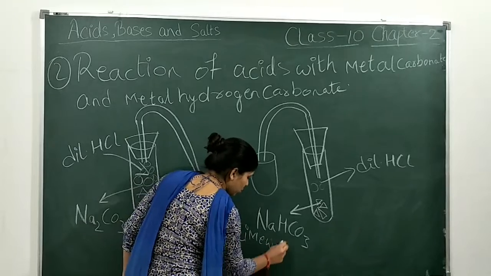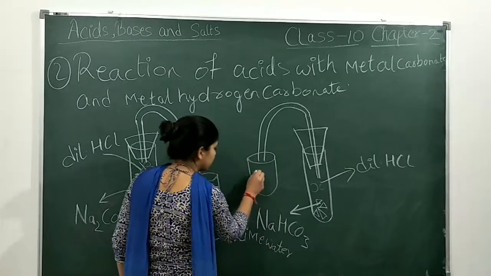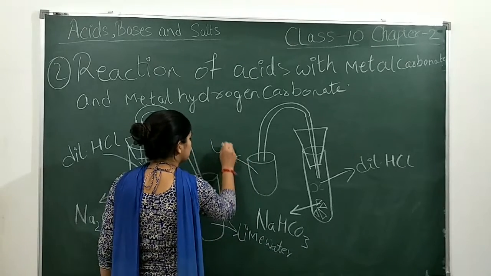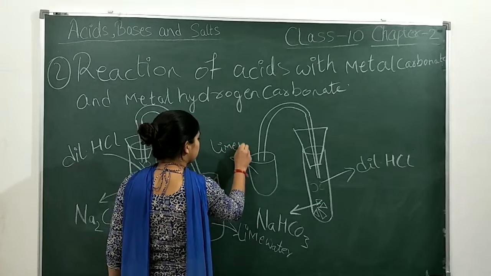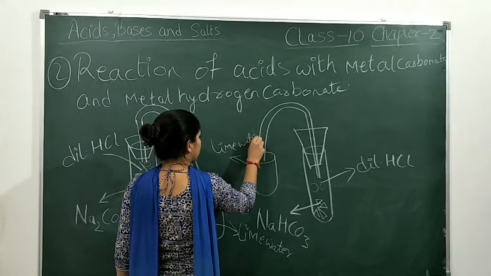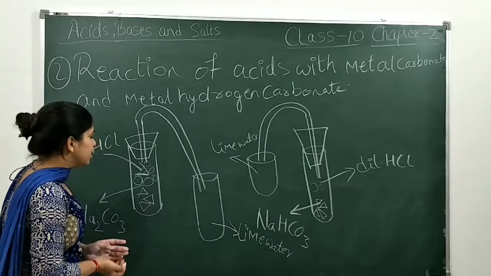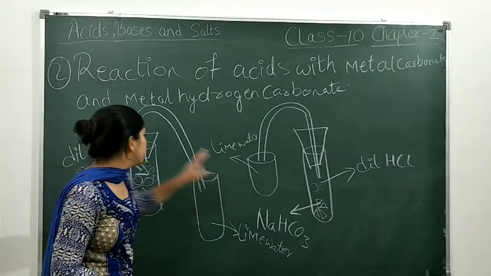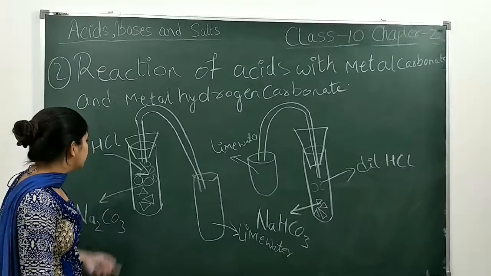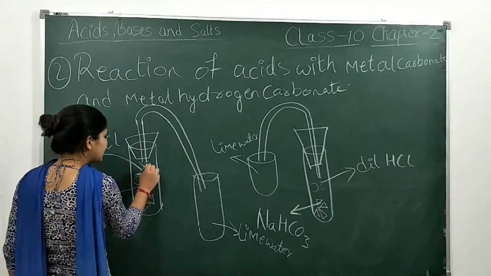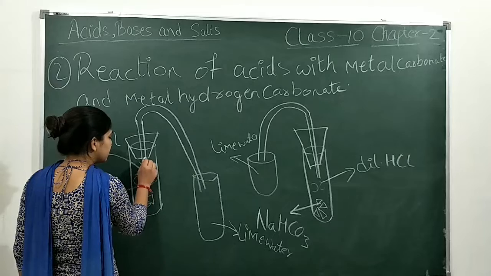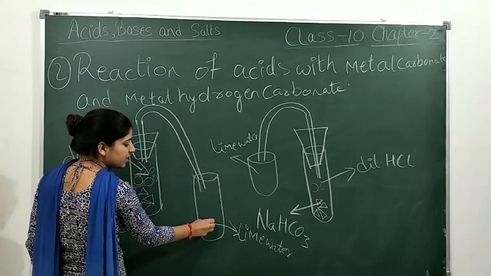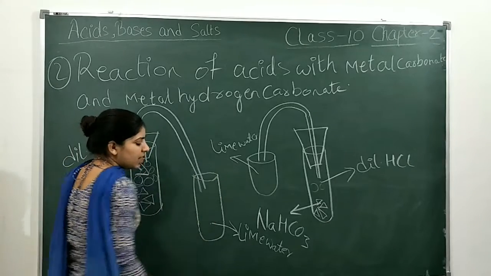Lime water. In both test tubes, lime water. We will connect both these test tubes with the connecting pipe. So when the gas evolves, it passes through the lime water.